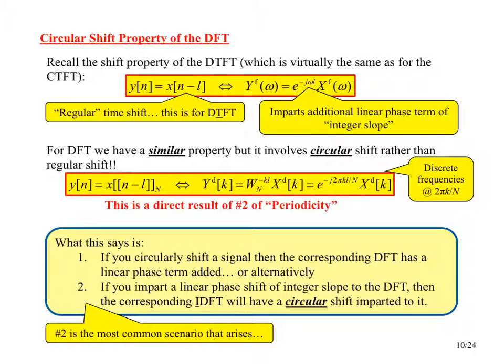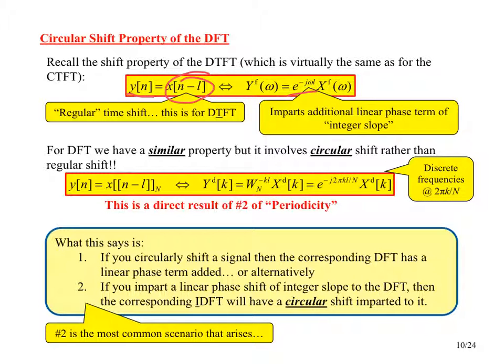So to remember that, if we took a signal y of n and defined it to be the regular time shift, shifting by L some signal x, the effect in the frequency domain is just this linear phase term. That's a fundamental idea in discrete time signals and systems that we've talked about before.